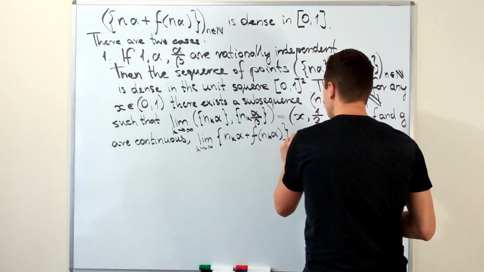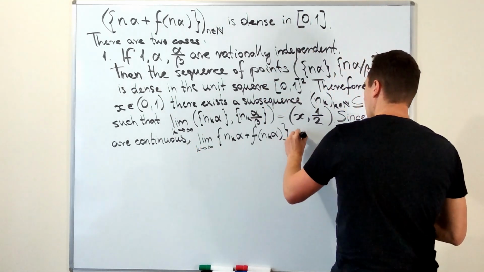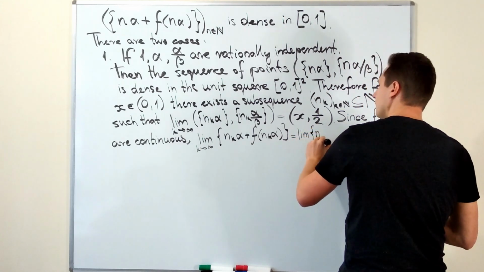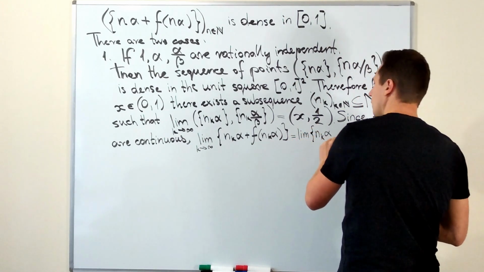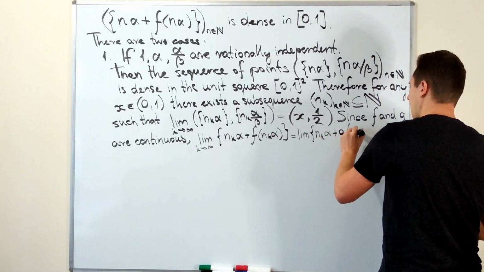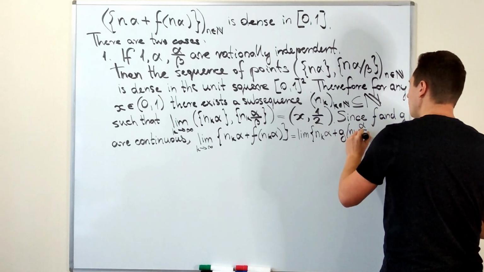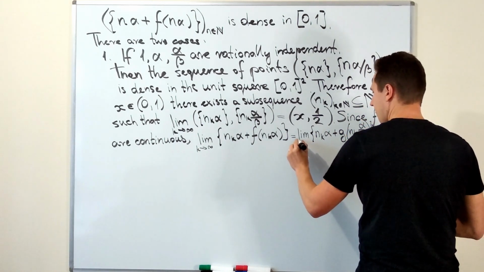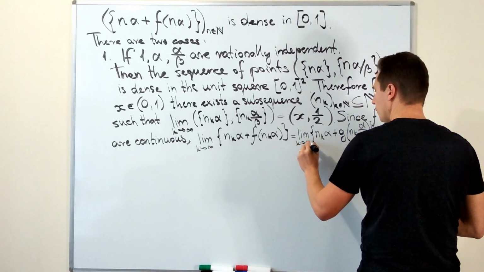Now, of course, this was equal to the fractional part of n_k times alpha plus g of n_k times alpha over beta. So this is just rescaling, as k goes to infinity.